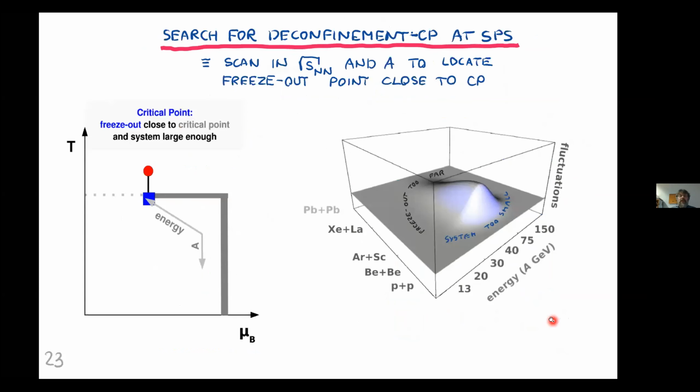Search for the critical point at SPS is a scan in collision energy and nuclear mass number. By this scan, we hope to move the freeze-out point close to the hypothetical critical point. If we are close to the critical point in this 2D scan, we expect a maximum signal of the critical point, the so-called hill of fluctuations.